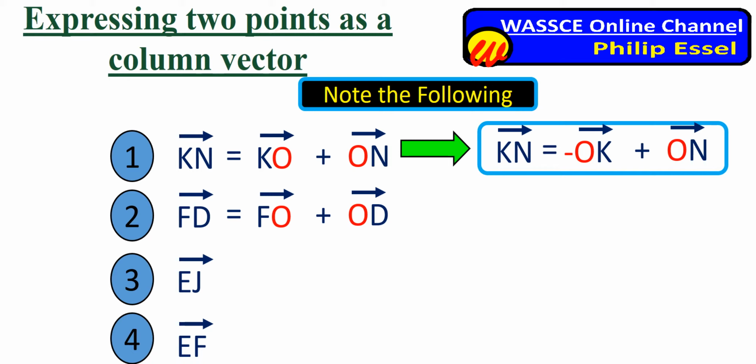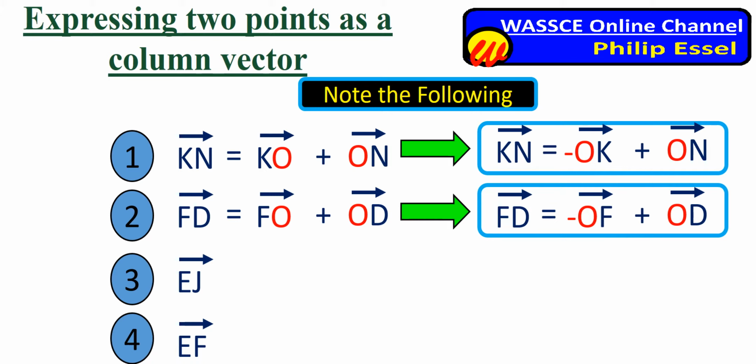So we are going to rewrite this whole equation with the negative OF. And when we do that, we would get the vector FD equals negative of the vector OF plus the vector OD.